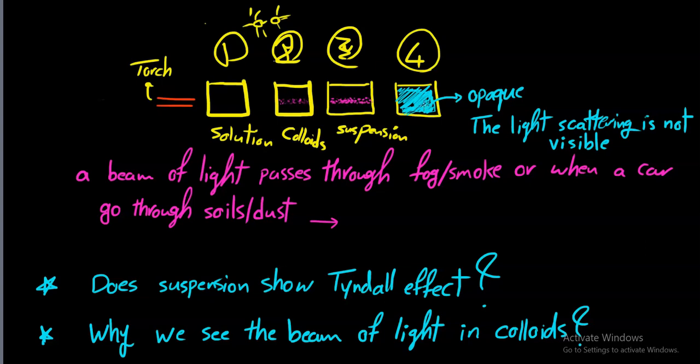How about this one? This one is a completely opaque system. This one is again a suspension, and the problem here is that the particle size in sample number 4 is too big, so the scattering of light is too much. The scattering of light is proportional to the size, but because the particle size of this sample is too big, it is completely opaque, so the light scattering is not visible in this sample.